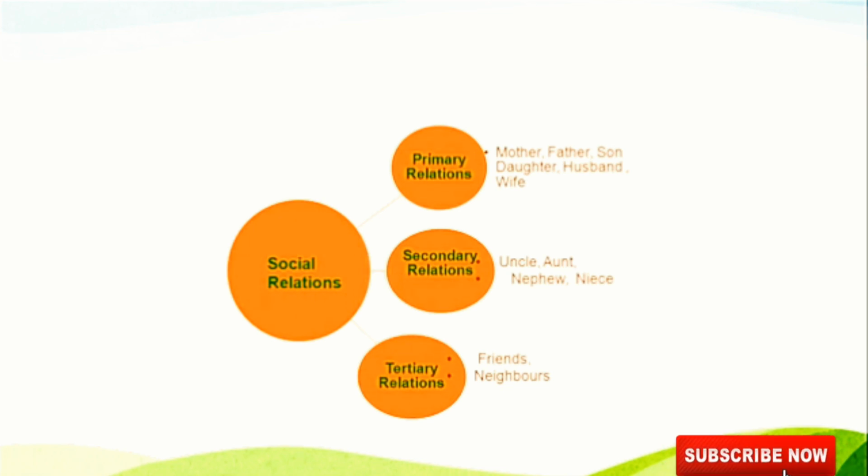And other relations like uncle, aunt, nephew, niece are categorized as secondary relations. My dear learners, besides these primary and secondary relations, we have other relations in our life, like social relations with our friends and with our neighbors. Those relations are called tertiary relations.